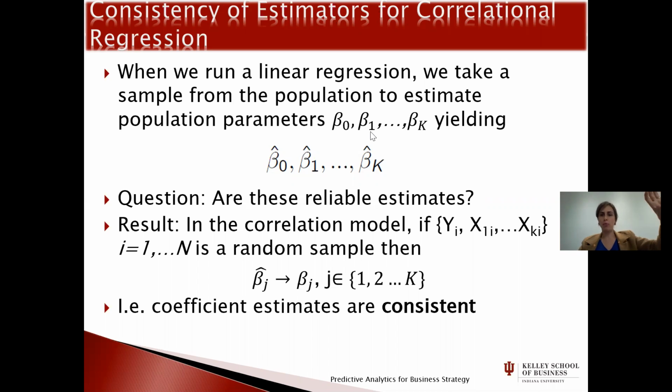Those are the true, real parameters, population parameters. We don't have the population, we just have a sample of that population. So we come up with a sample that we hope is random, and then we come up with estimates. Those are the beta hats. So one of the questions that we would like to ask is, are those beta hats that we get when we estimate population parameters using just the sample of customers that we can feasibly have, are they good guesses, right?